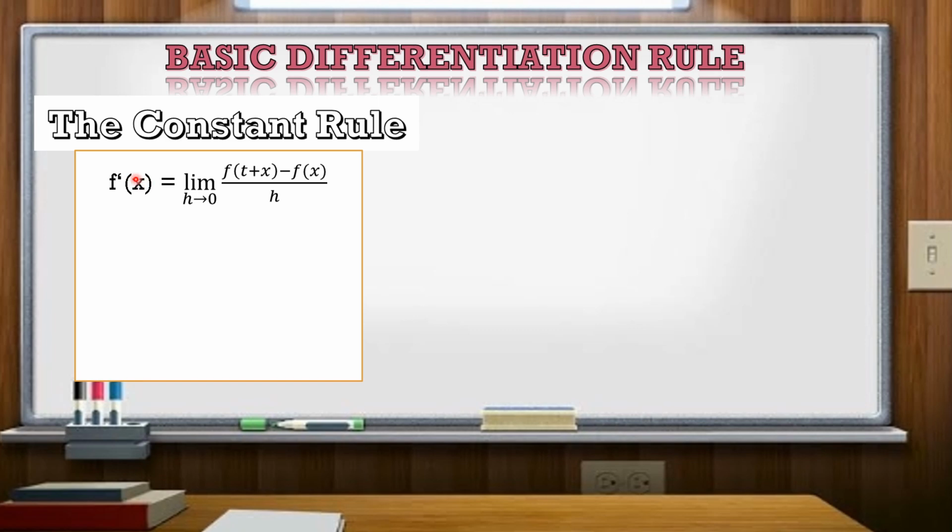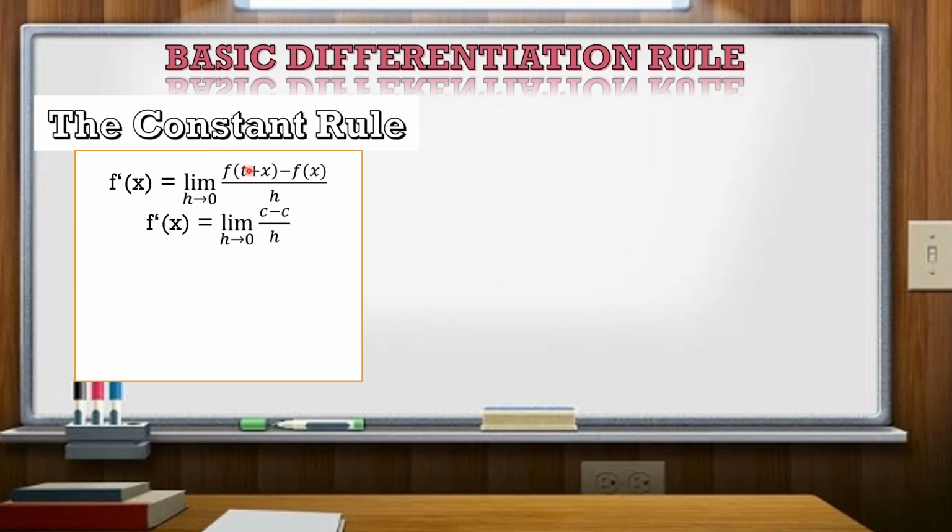Okay? Derivative of your function, f prime of x, is also the same as the slope of the tangent line, which is the limit of f of x plus h minus f of x all over h as h approaches 0. Since pinag-uusapan natin dito yung constant rule, so yung f of x natin is c.